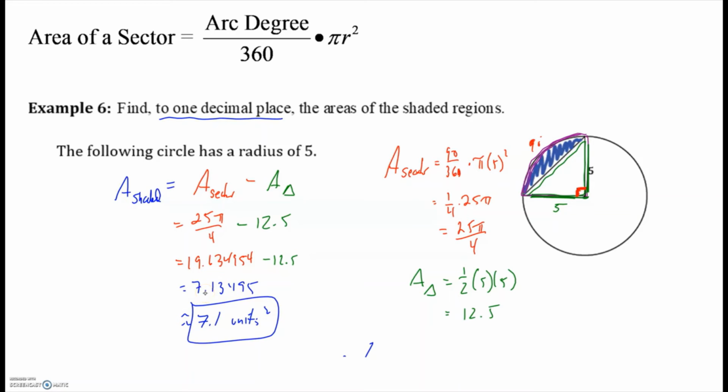So, like I said, now we're just kind of putting everything together here. We've got the ability to solve for this shaded region by just doing the sector of it, and allowing us to remove the portion that we don't need to find that area. The other thing is, and we'll see other examples like this, this is referred to as the minor arc.